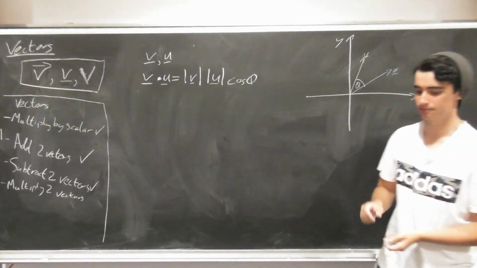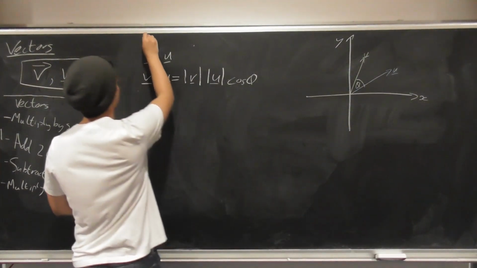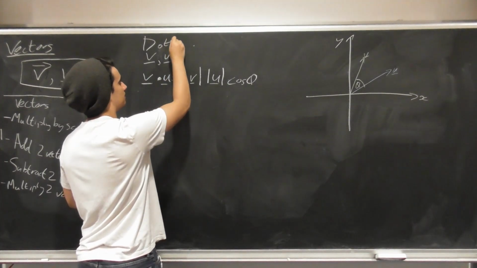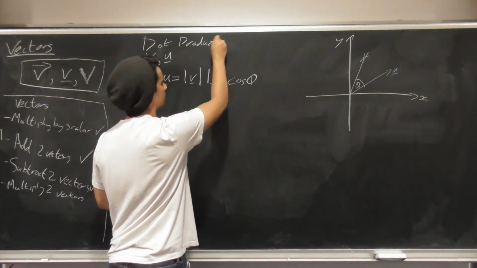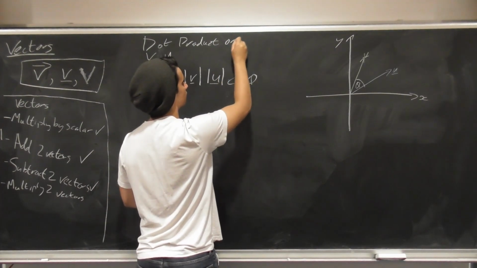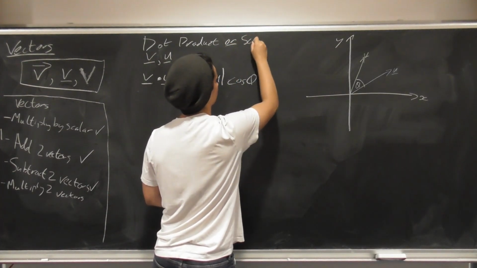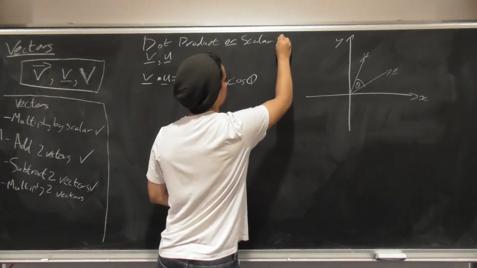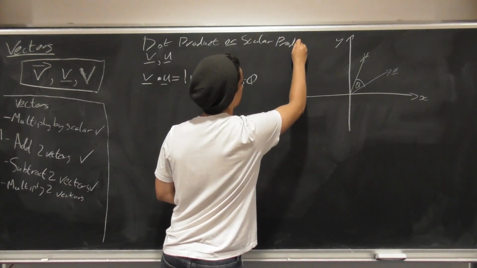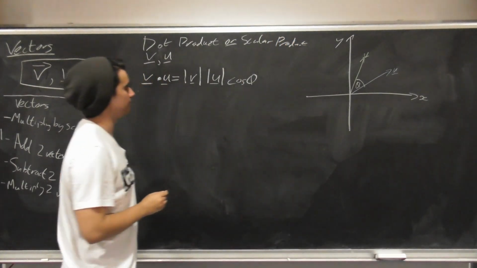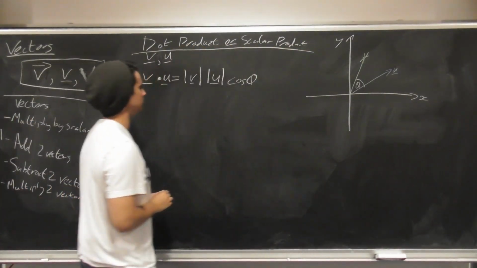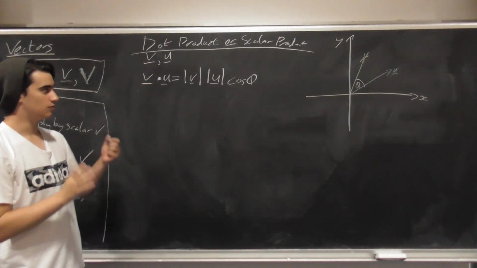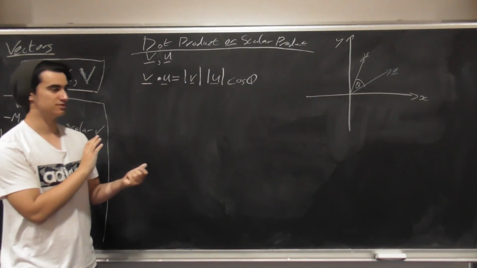Now, the one thing about the dot product that is quite important is that it's also called the scalar product. This means that when we take our two vectors, v and u in this case, and multiply them together in this way, we end up with a scalar.